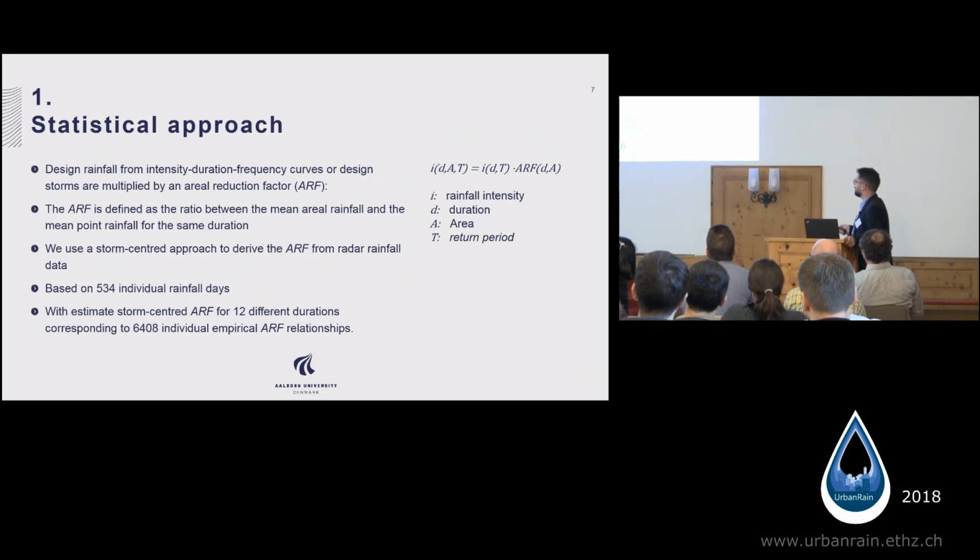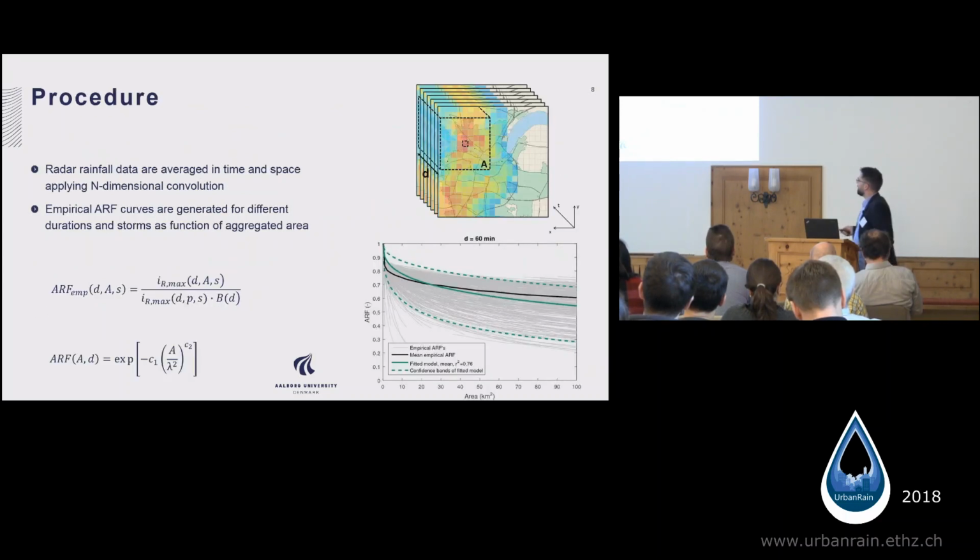So we base this on approximately 500 days and for some 12 different durations, and then derive these RAF relationships for a large number of storms. So the procedure is that we average radar data in space and time, and then we do empirical RAF curves.